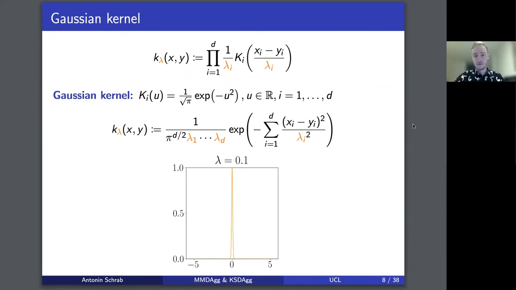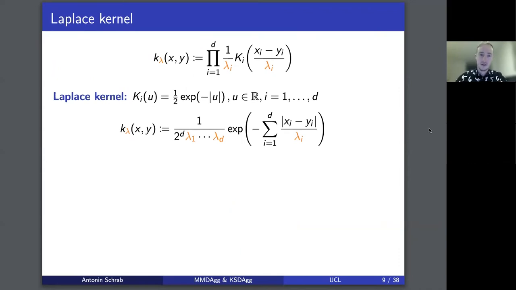If we have a very small bandwidth, here I'm plotting only the exponential function with y_i equal to 0, this is essentially going to go almost to a delta function as lambda goes to 0. And as we get a larger bandwidth, then we just have our Gaussian with a larger standard deviation.